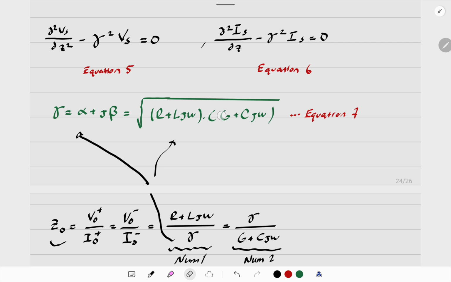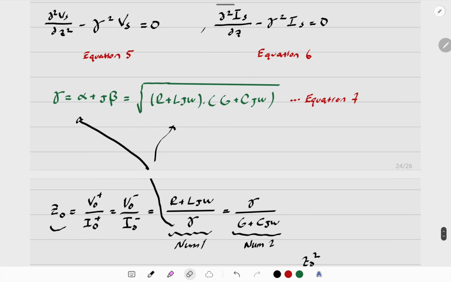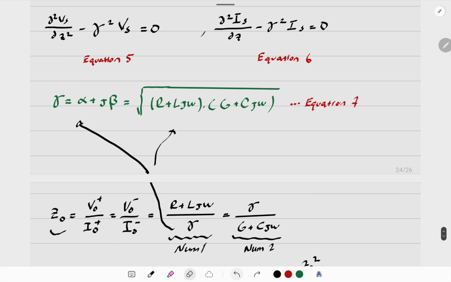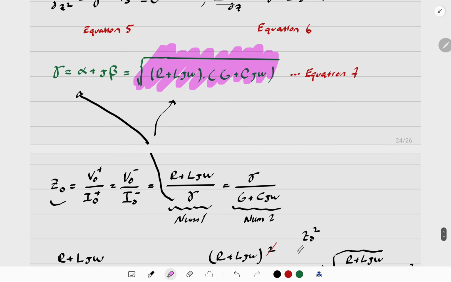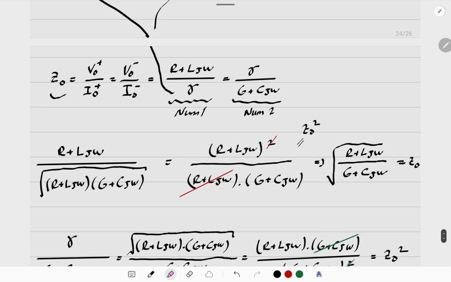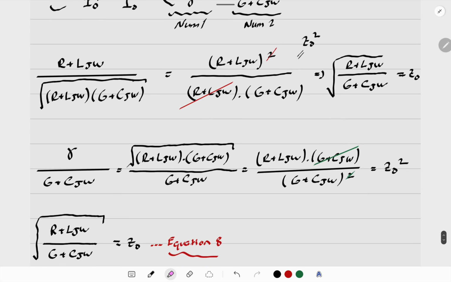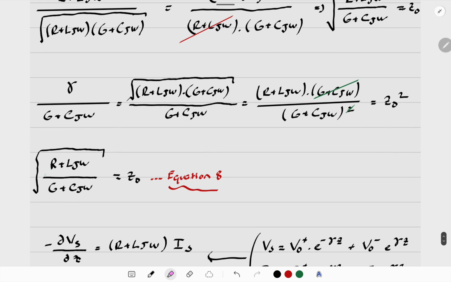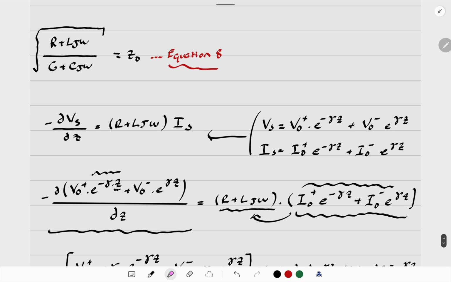So we have this one, and we have this one. Actually, we can fit this information into number 1 and number 2, and we see that Z0 is always equal to the square root of R plus L j omega divided by G plus C j omega.